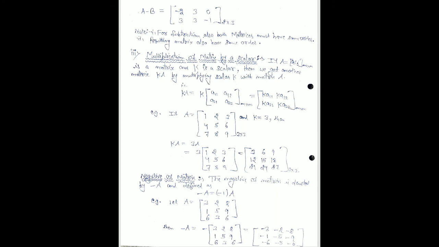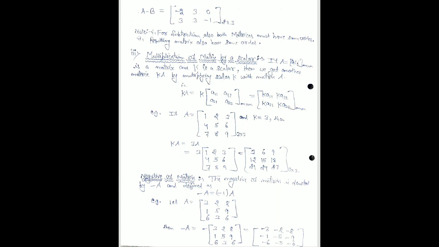Now we discuss multiplication of a matrix by a scalar. If we multiply a scalar with a matrix A, then we get another matrix kA, and the elements of the resulting matrix kA are obtained by multiplying that scalar with each element of matrix A. For example, here we take matrix A and the value of scalar k equal to 3.